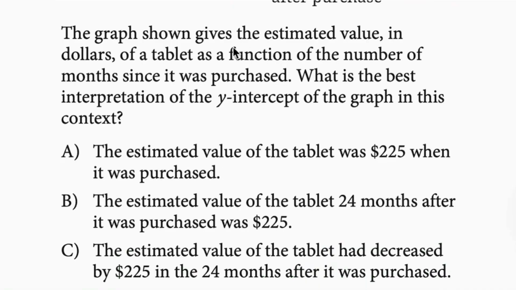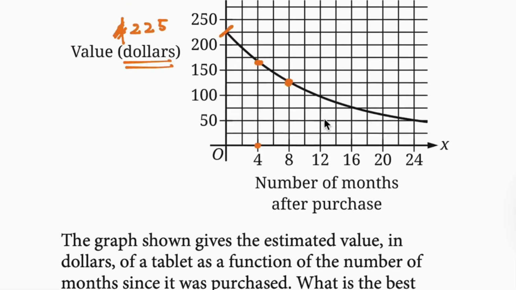The graph shown gives the estimated value in dollars of a tablet as a function of the number of months since it was purchased. What is the best interpretation of the y-intercept of the graph in this context? Let's go to the y-intercept.